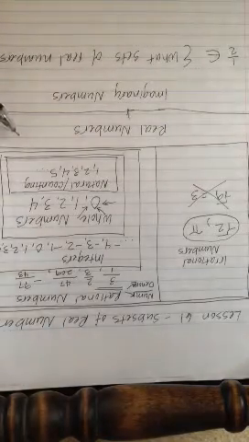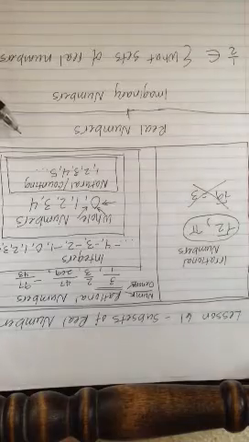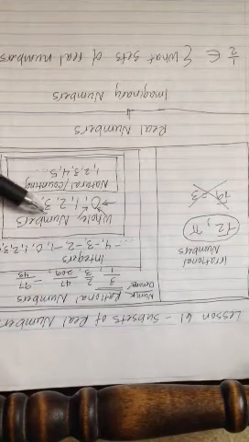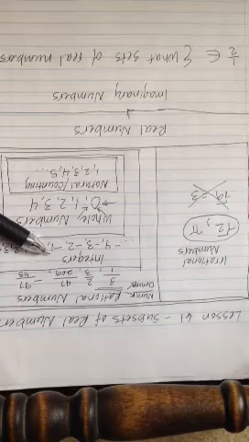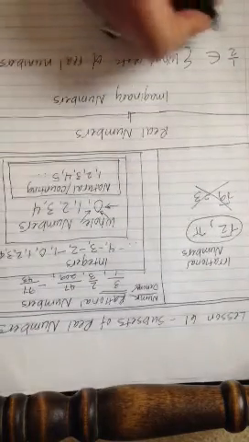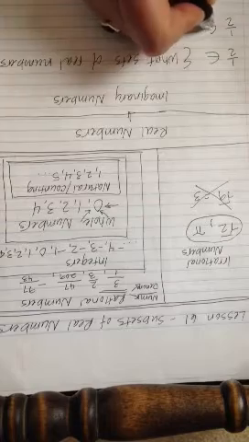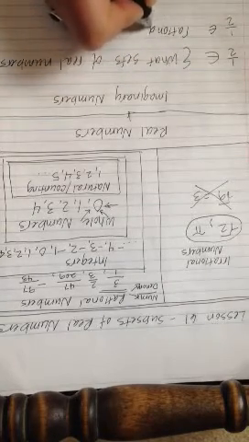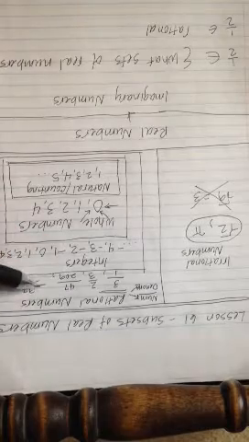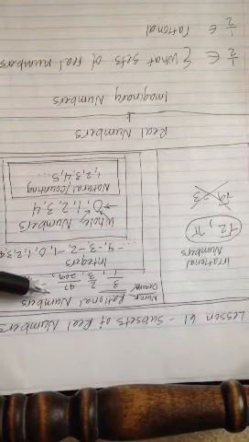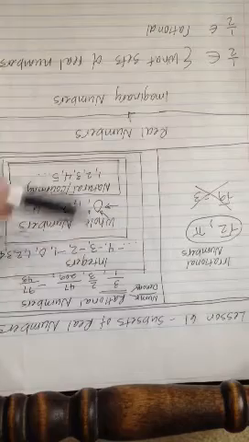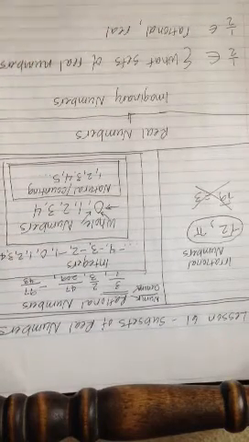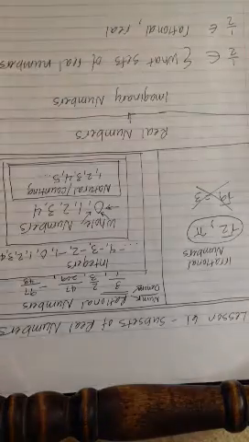And as you can see, 1/2 is not a natural or counting number. It's not a whole number, and it's not an integer. So we can say that 1/2 is an element of the rationals, because it can be expressed as a fraction, so it fits this category. And since this one is a subset of this one, we can also say that it's a subset of the reals. Make sense?